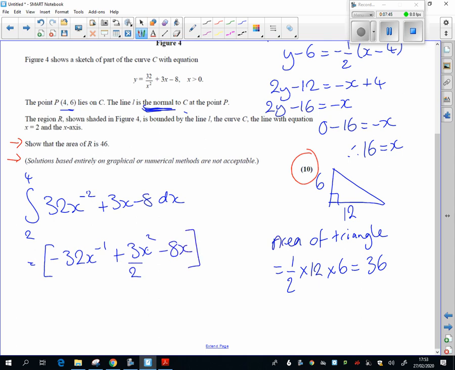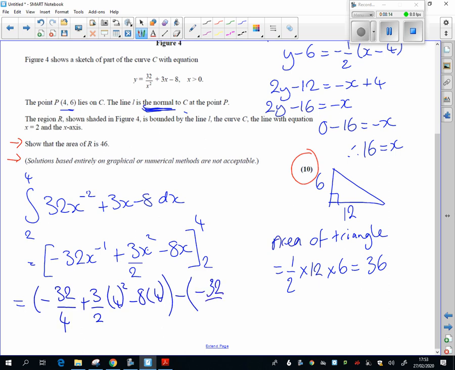I don't need a plus c because it's definite integration. I do need to show some working, so this is where you've got to be careful not to just go straight to your calculator. So 32x to the power of minus 1 means 1 over x, but just something to show that you're substituting in 4 first, and then you're substituting in 2 and you are subtracting that.